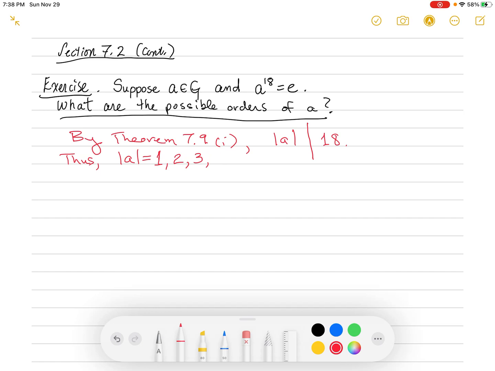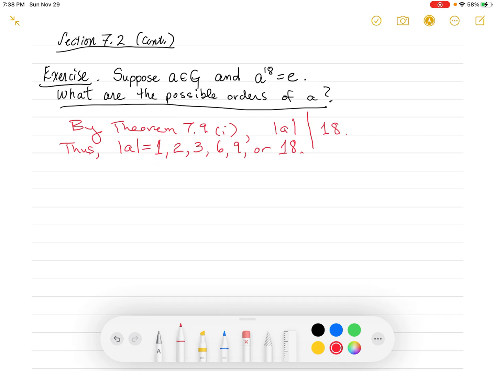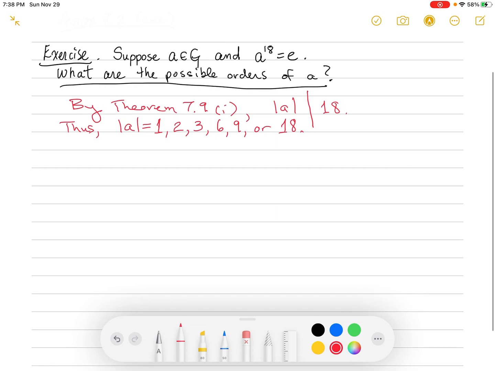It can't be 4, right? 4 is not a divisor of 18. It can't be 5. Could be 6. No 7. No 8. Could be 9. Or it could be 18 itself. So those are the possible orders of A: 1, 2, 3, 6, 9, 18. Okay. So that's a follow-up from theorem 7.9, part 1.